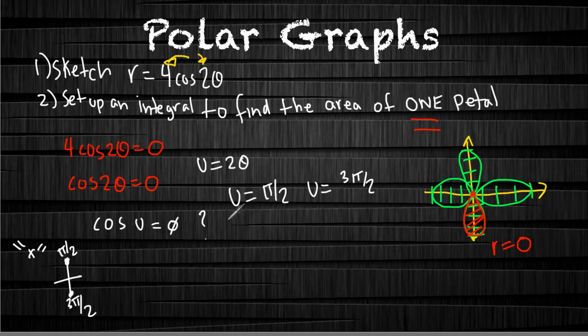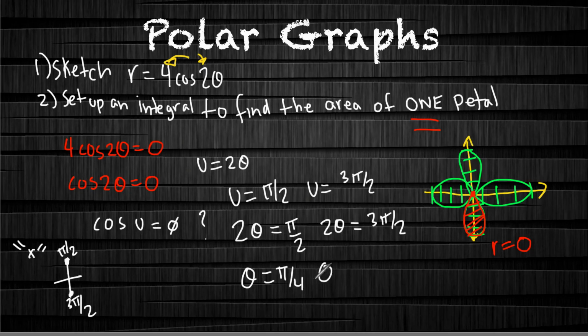But we're interested in theta, so we're going to plug 2 theta in for u. So we see that when theta is pi over 4 and when theta is 3 pi over 4, the radius is equal to 0. So that gives us the limits of integration for the area of one of these petals.